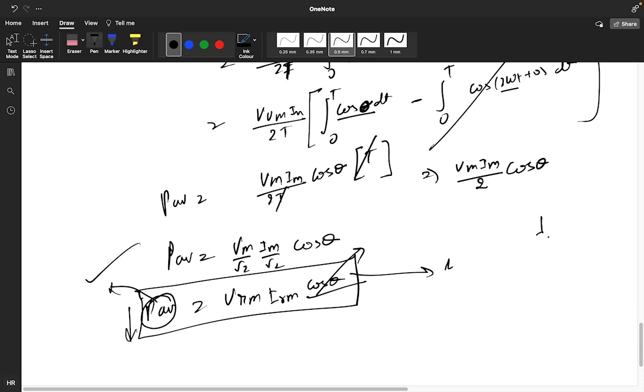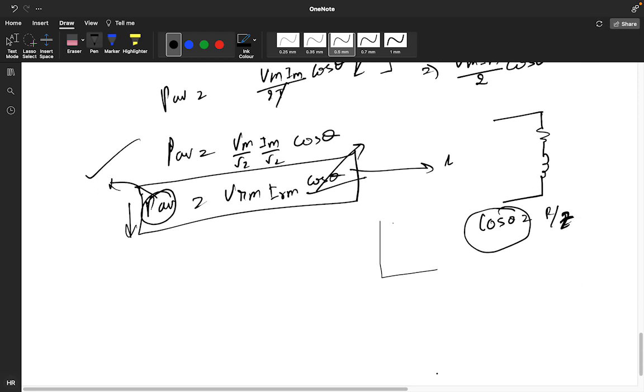How can we improve the power factor? We know that this cos theta value is R upon Z. Prasanna, right now we have cos theta as the angle, so you have to look at the angle again and again.